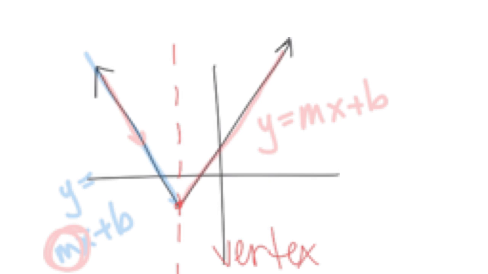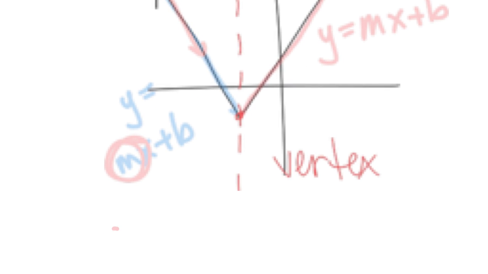It doesn't have to be negative, but if the graph ever goes down from left to right, then you have a negative type of slope, and the right side is probably going to be a positive type of slope. So we're going to end up writing this as two equations, some type of mx plus b equation for your linear.